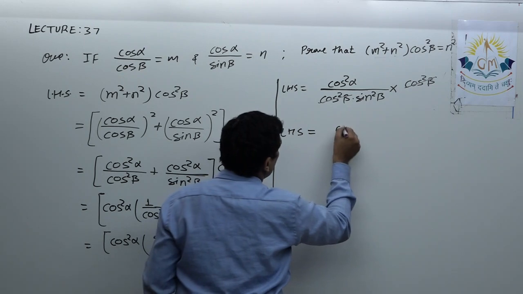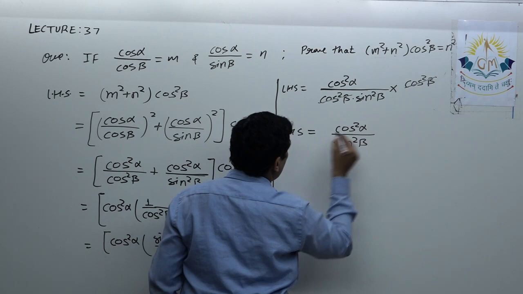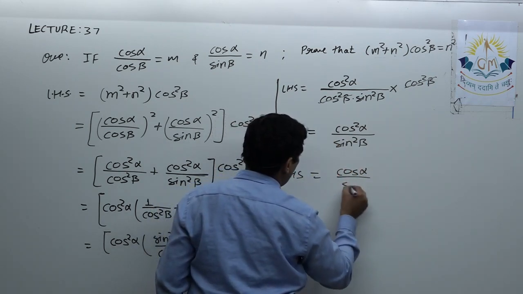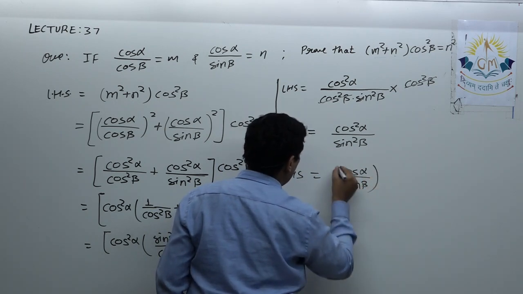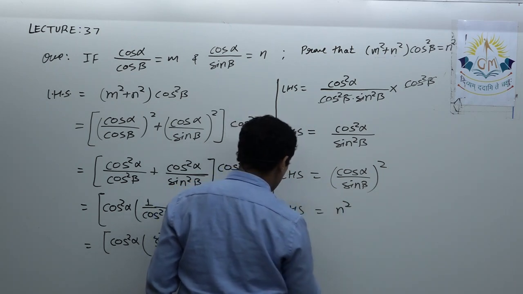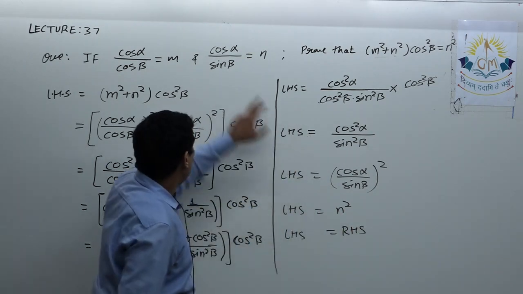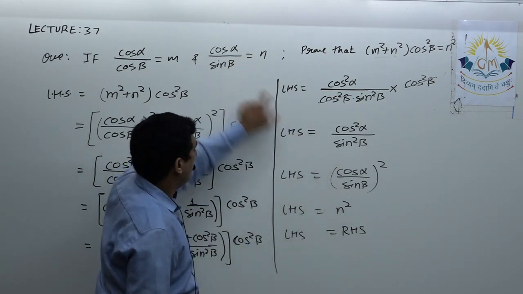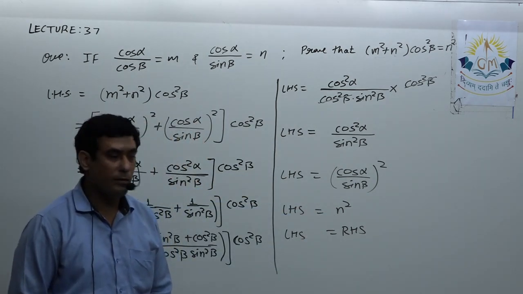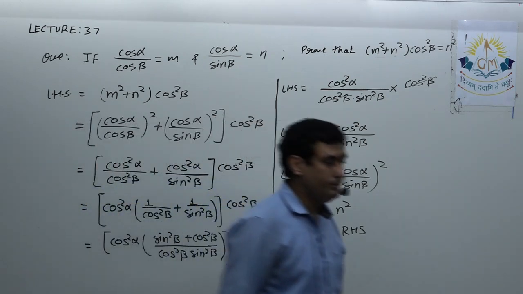We are left with cos square alpha upon sin square beta, that is LHS can be written as cos alpha upon sin beta whole square. Therefore LHS is equal to n square. You can see this cos alpha upon sin beta is n. So we proved left hand side is equal to right hand side. So please note it down, then we'll see the next question.